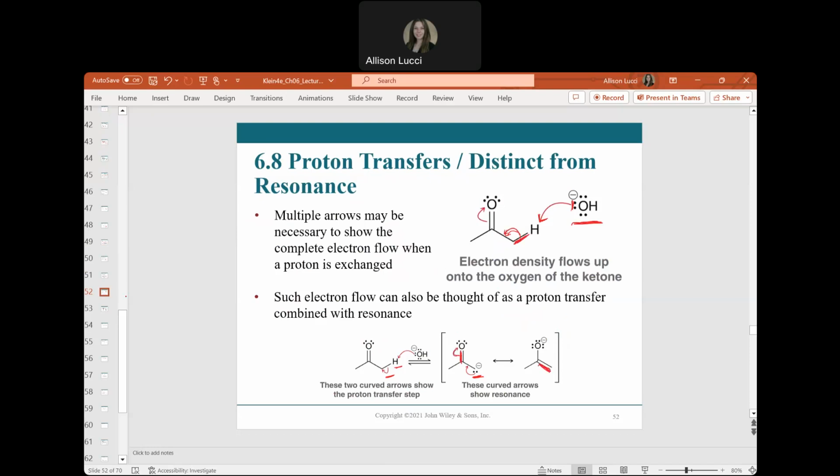The electrons involved in the bond will move up to the oxygen, and a lone pair will be transferred. Then we see our double bond form here, and the electrons have transferred from the original double bond to this oxygen. So not only do we have our proton transfer showing our arrow pushing, but we also have this resonance structure down here with our curved arrows.